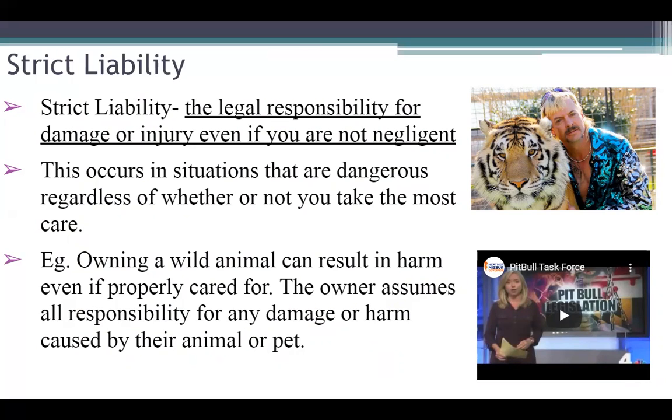So some activities are so dangerous that no matter how much due care you use, no matter how much preparation and safety you put into place, if anything bad happens and it results in an injury or death or damage of any property, even if you weren't negligent, you are still ultimately responsible because you are doing something that is extremely dangerous, right? So in a lot of cases, an example of this would be construction work, right?